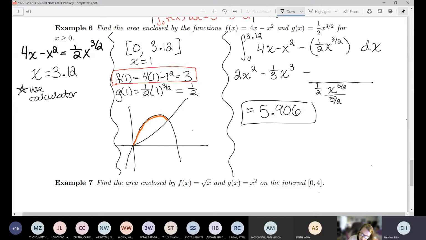Divide by 5/2, same as multiplying by 2/5. But the 2's cancel each other out, so this will end up as 1/5 x to the 5/2 plus c from 0 to 3.12. So if you plug in the top bound, subtract what you get when you plug in the bottom bound, you should still get 5.906.